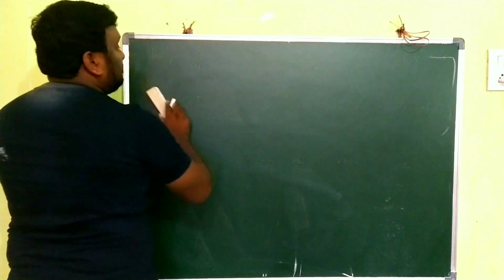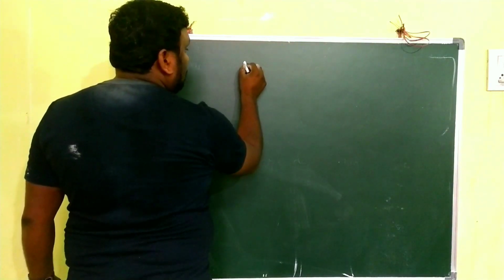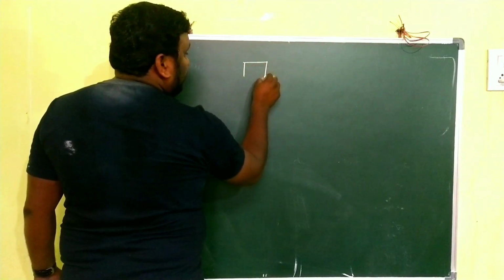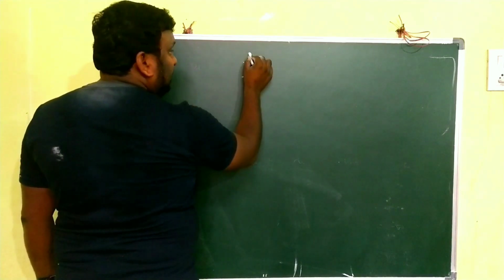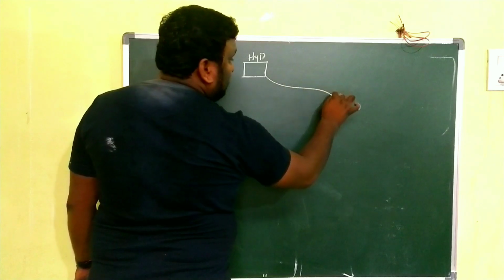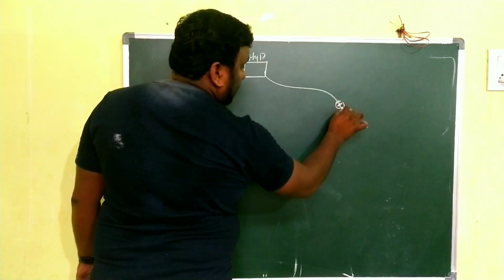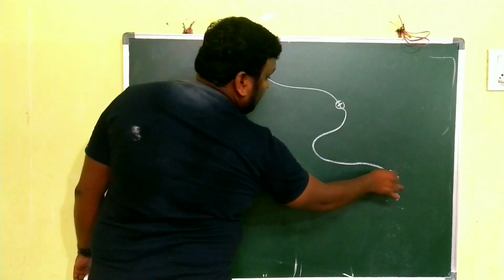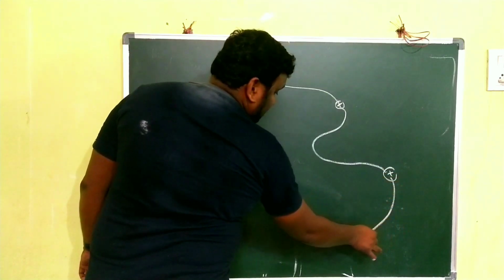Here, a very simple example. A bus is started from this point. For example, here we are saying Hyderabad. It went to some stop here, and after that it is coming like this and went like this, and that should be coming like this.